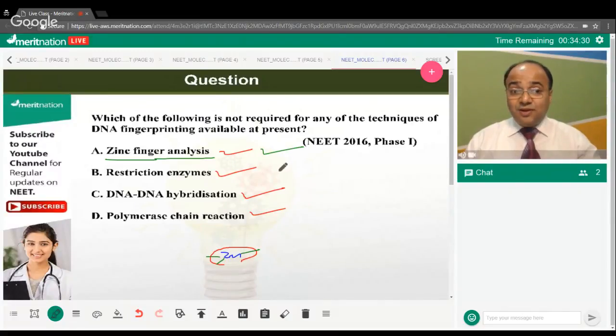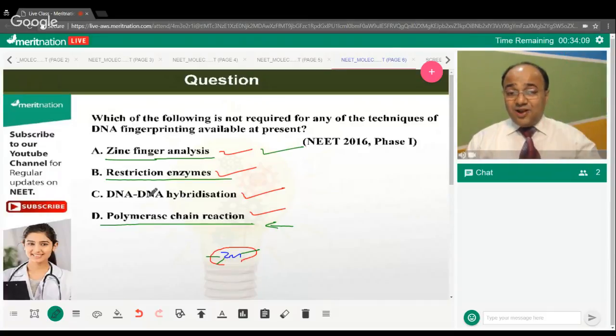Restriction enzymes are definitely involved in chopping your DNA sample, right? But before you chop it, you need to amplify the DNA sample that you have collected with the help of PCR, right? Thereafter, you apply restriction enzymes to it, chop it, and then run it on a gel, right?